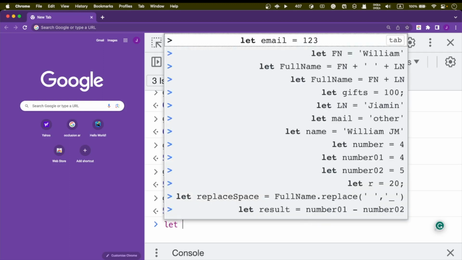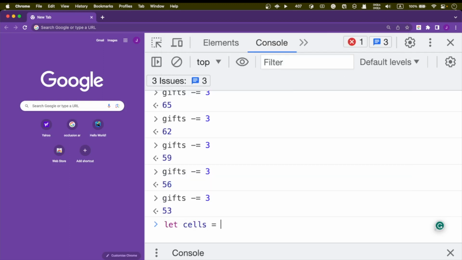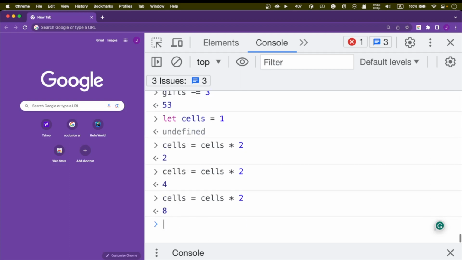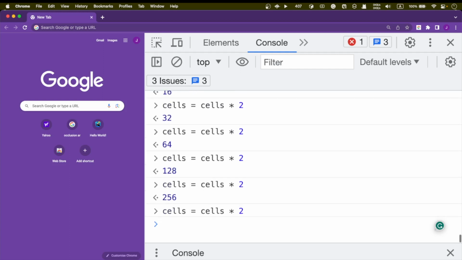You can let cells equal 1 to start, but every time the time passes the cells multiply. So you can do cells equals cells multiplied by 2, and you get 2, 4, then 8, all the way up.